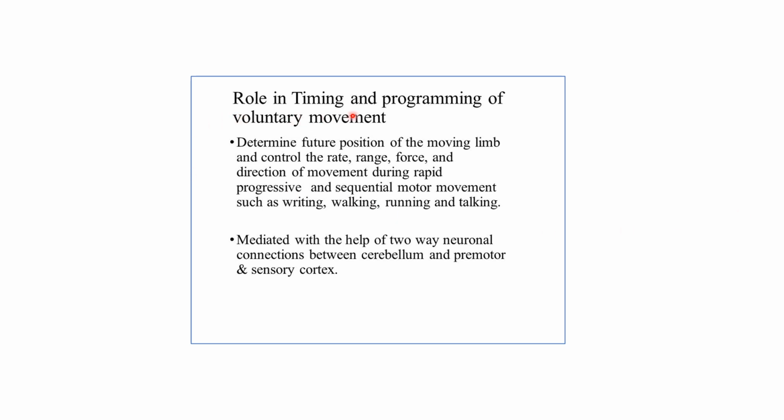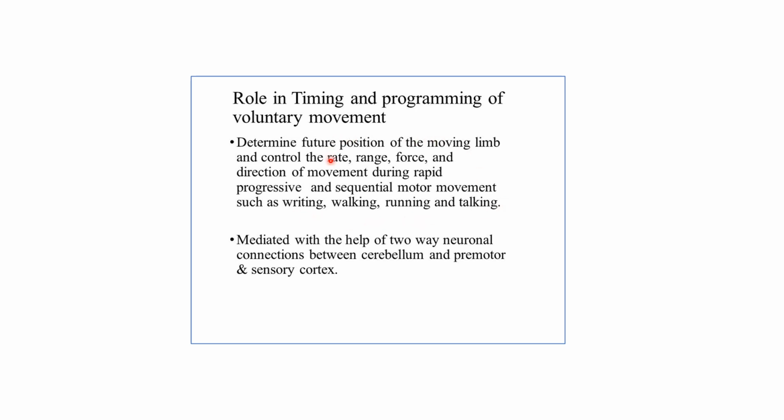Then it plays a role in timing and programming of the voluntary movement. It determines the future position of the moving limb and controls the rate, range, force and direction of the movement during rapid, progressive and sequential motor movement such as writing, walking, running and talking.